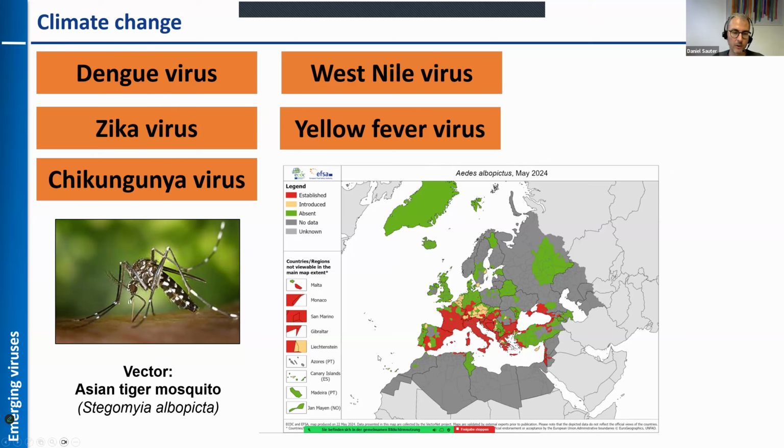Europe is also doing this. This one here shows the distribution of an Asian mosquito in Europe, and we can track its spread. And the presence of specific mosquito vectors will, of course, also be a risk factor for further spread or appearance of the respective viruses.